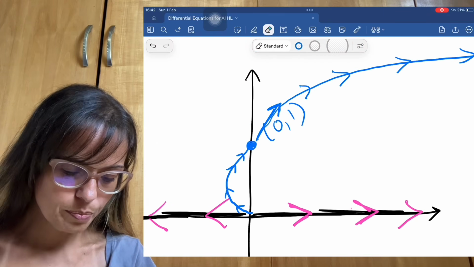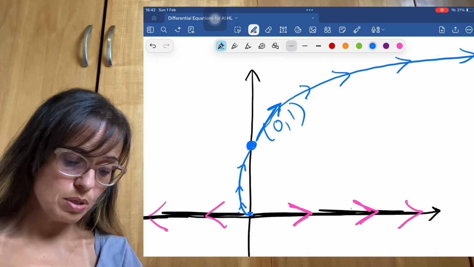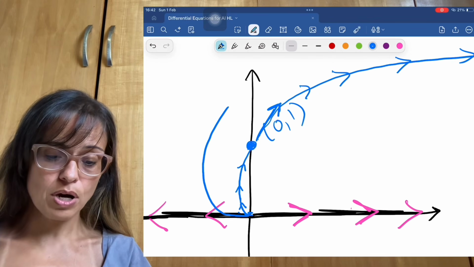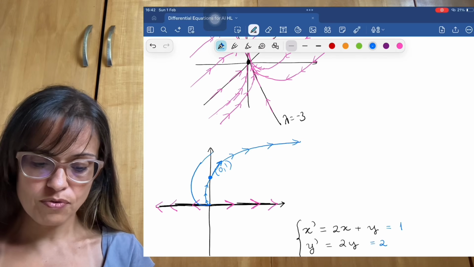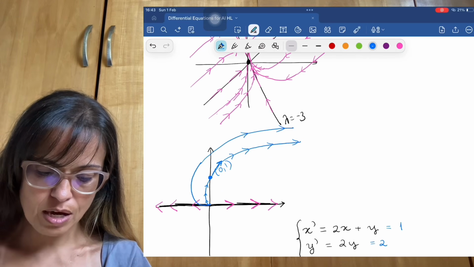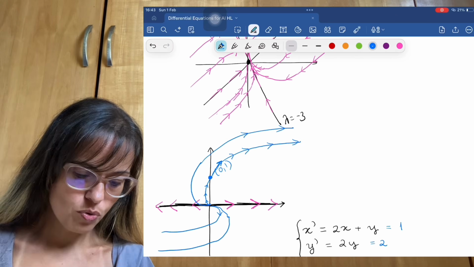This looks kind of bad. Let me try to make a better picture. And all of the other trajectories are going to do something similar. They're going to start coming this way, they're going to turn around, and then they're going to eventually go the other way. And the same thing happens on the other side, except kind of backwards, but always going outside.